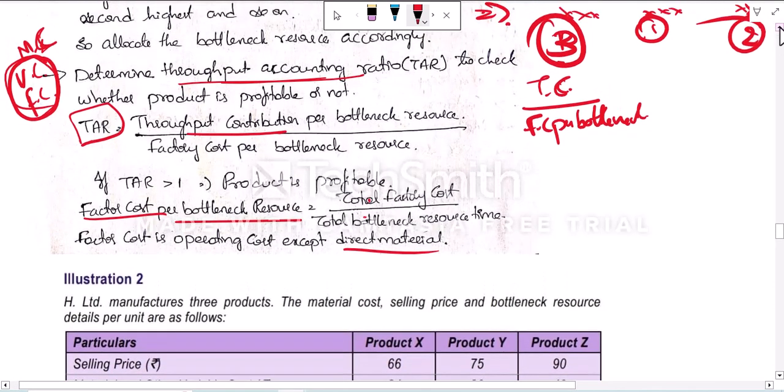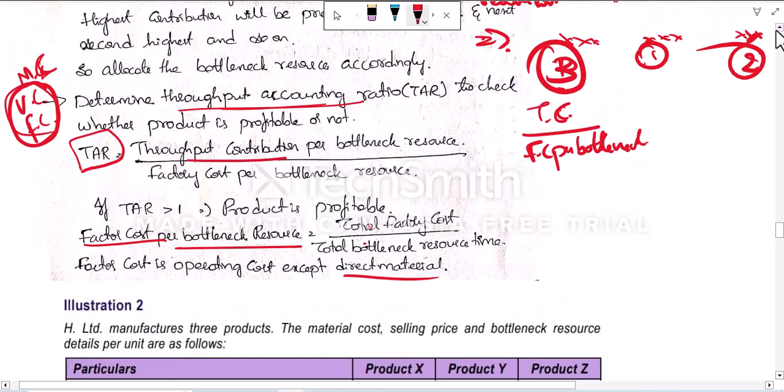Okay, once again I will revise this. We should calculate throughput accounting ratio to check whether the product is profitable or not. Product is profitable if the throughput accounting ratio is more than 1. So how to calculate it?